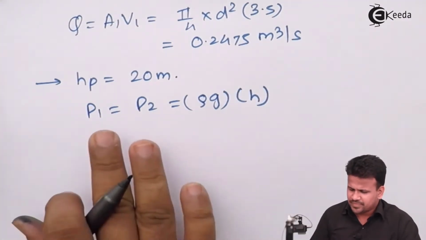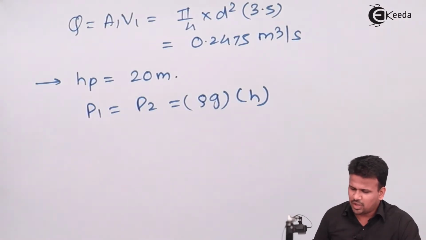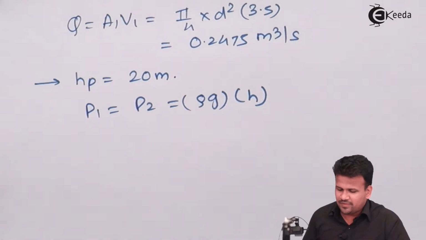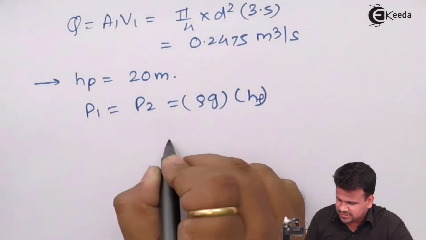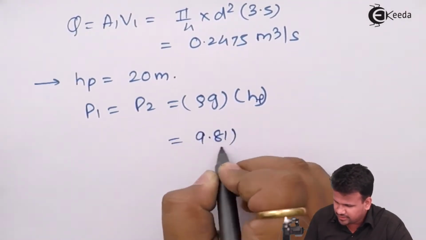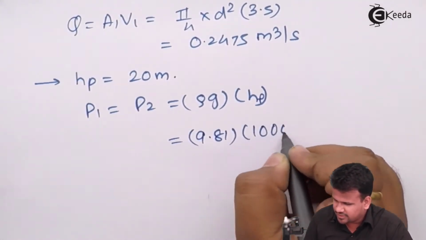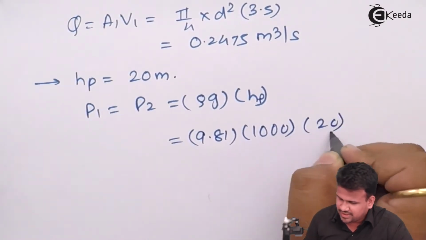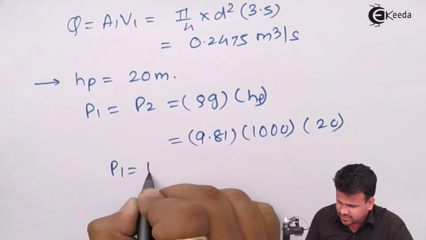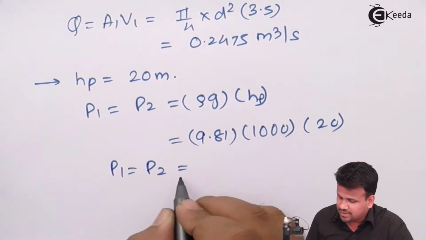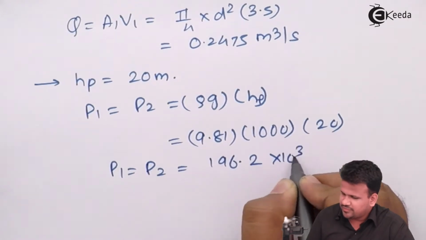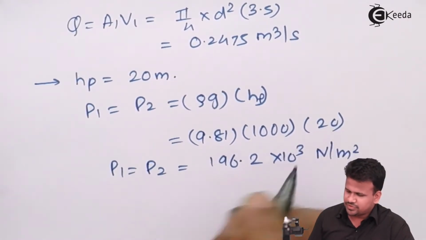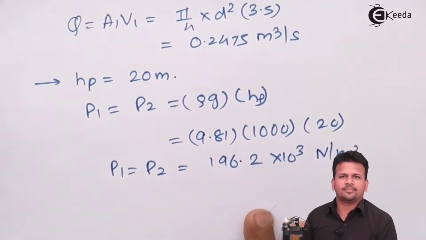So that means the bend has only a very small amount of force acting on that part. We have P1 equals P2, that is rho g into HP. So this is 9.81 into the density of water, 1000, into HP, that is 20. So P1 equals P2, which will be equal to 196.2 into 10 to the power 3 Newton per meter square on evaluating this entire part.